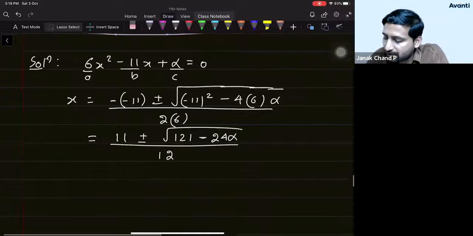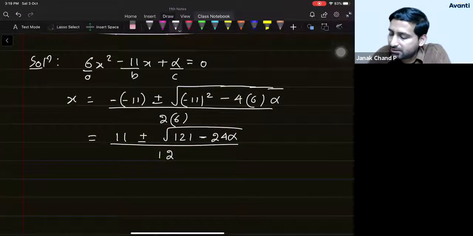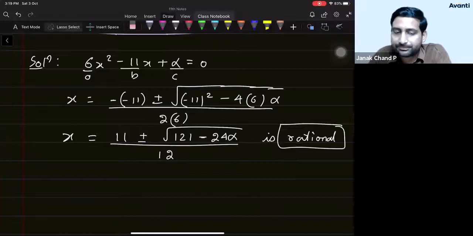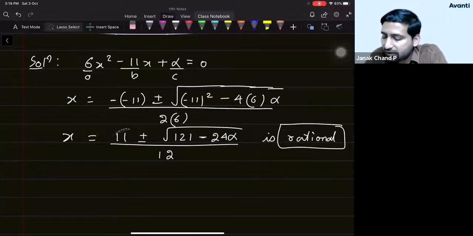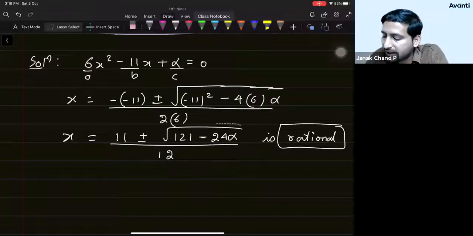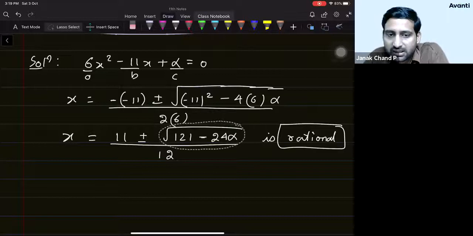Now we know that they're saying that whatever the solution is, this should be rational. This is the condition given in the question. As you can see here, you already have a rational number here and a rational number here. If this whole thing has to become rational, we should not get any irrational here, because if there is any irrational here, that cannot be handled by these two.